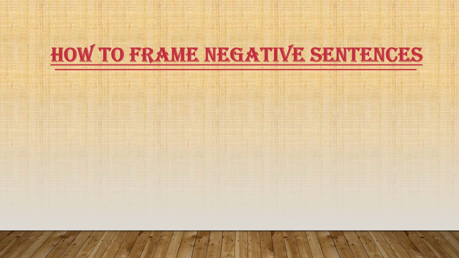Now we are going to learn how to frame negative sentences. For that, I have divided the kinds of sentences into various different categories. And we are going to deal with each category one by one. And I'm going to tell you how to change positive sentences into negative.